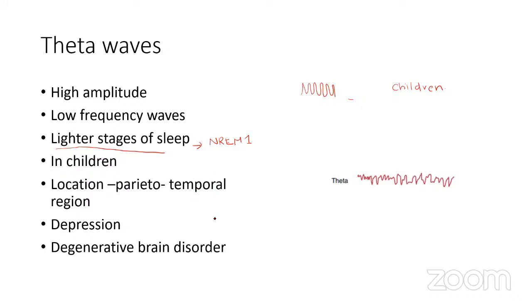These points are very important. These are MCQs: which wave is seen in depression or brain degenerative disorders? Pathologically, it is seen in degenerative disorders. Theta waves are high amplitude, low frequency waves, normal in children.